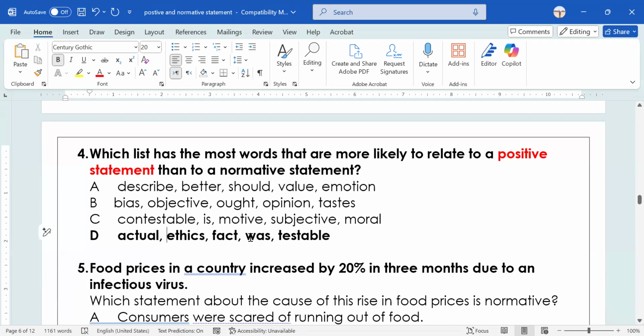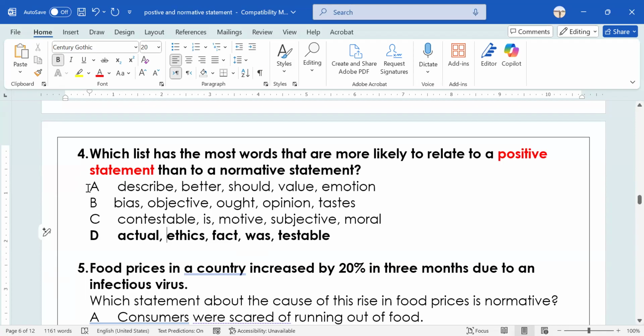The word was is a past tense verb, and it's often used in factual descriptions, and of course, testable. It's a key clue for a positive statement. So obviously, it's letter D. But why A, B, C are wrong?